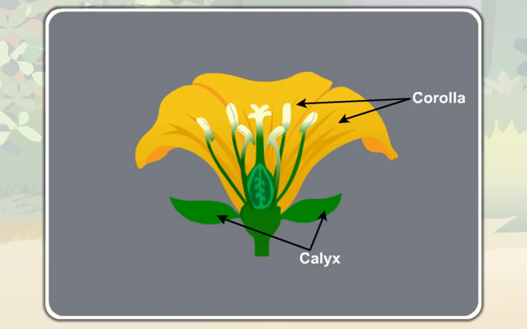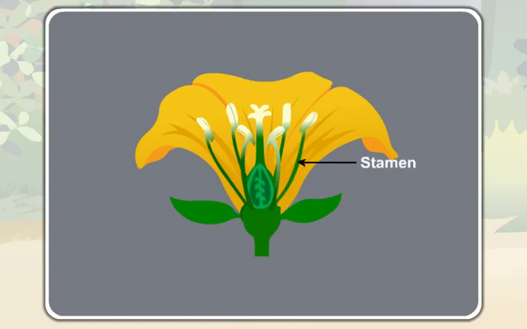Inside the corolla, a flower has the androecium. A single unit of the androecium is called a stamen. A stamen has two major parts, the anther and the filament.